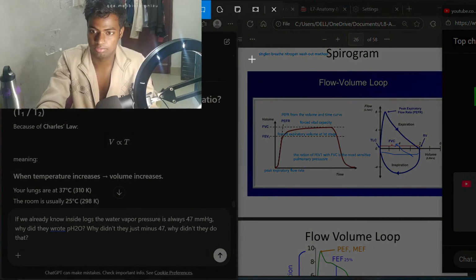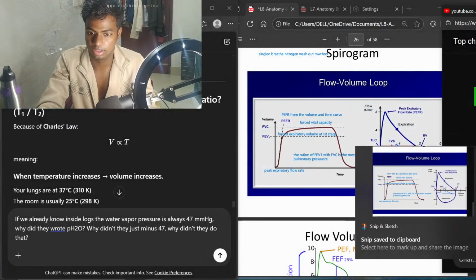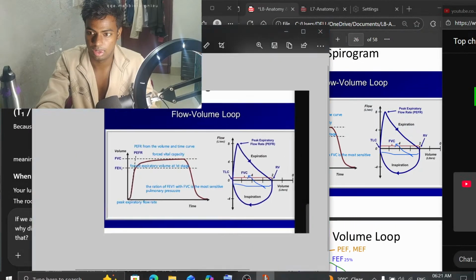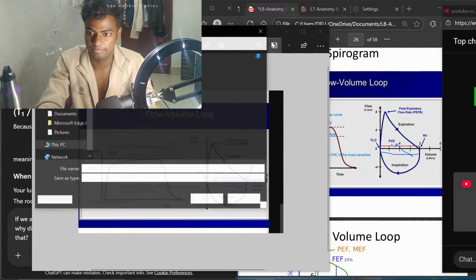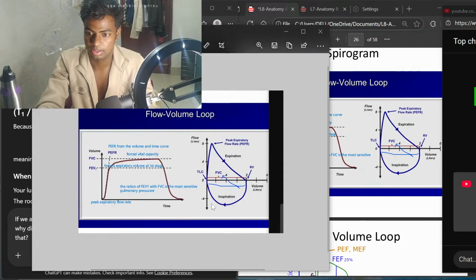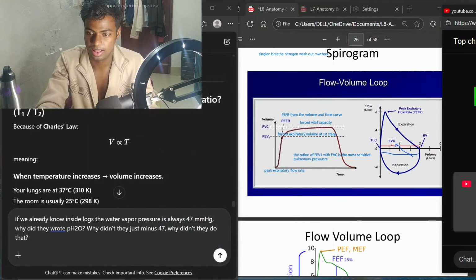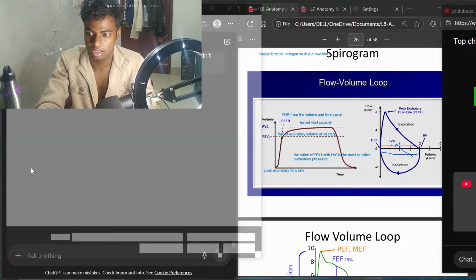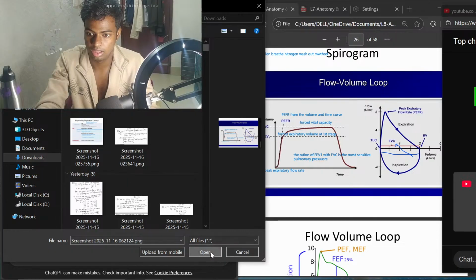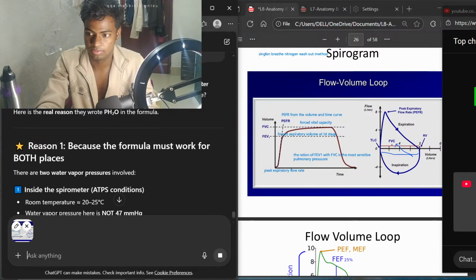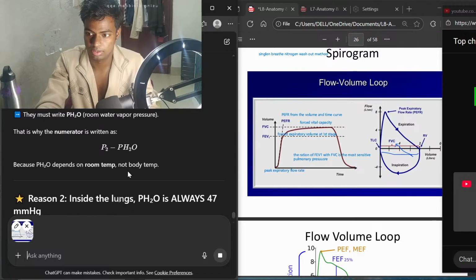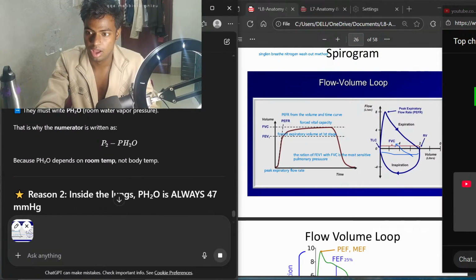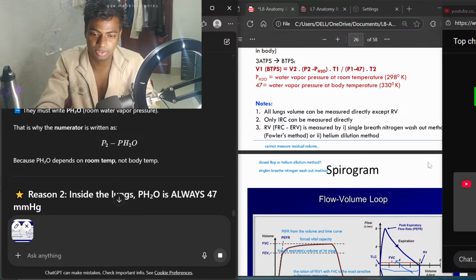Just take a photo of it. PS2, temperature, body temperature.